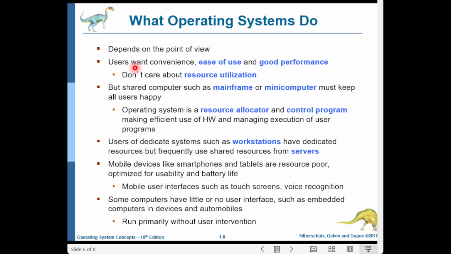Thus, they want OS to provide a convenient environment. OS must be easy to use and have good performance.